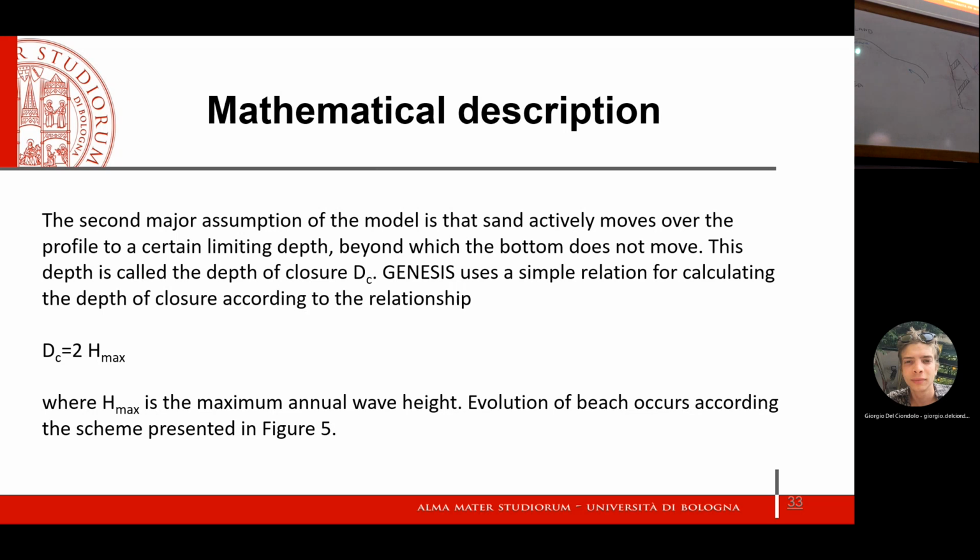When we say the maximum, you may ask for what return period. When there is no specification of the return period, like in this case, you can take the mean of the annual maximum wave height.